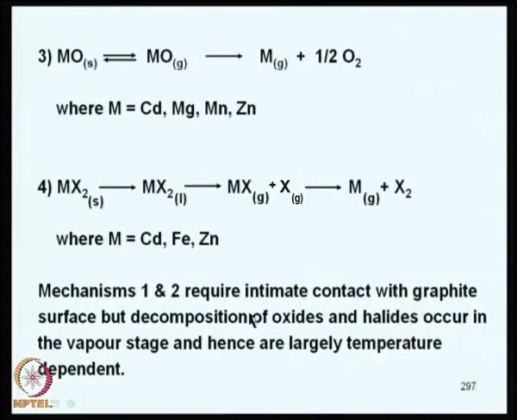But decomposition of oxides and halides can occur in the vapor stage itself, not necessarily when in contact with the graphite material. Therefore, these reactions are basically temperature dependent, because for the decomposition of the halides, at higher temperature, decomposition would be more. So, no intimate contact with the graphite furnace is necessary.